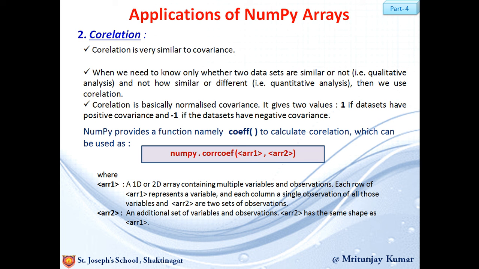It gives two values, either 1 or minus 1. It gives 1 if the data sets have positive covariance, and minus 1 if the data sets have negative covariance. So covariance is used for finding the correlations.